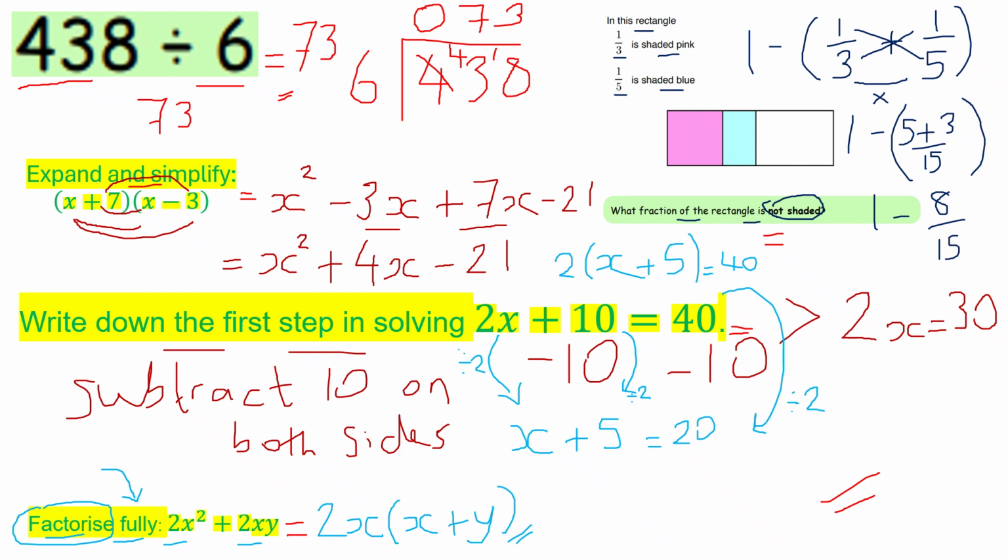Now 1 whole, hopefully we know, is 15/15, because anything divided by itself is 1. We subtract 8/15, and bingo, we get 7/15 as our answer for the unshaded part of the rectangle. So we add the two fractions together and then take it away from 1 whole.